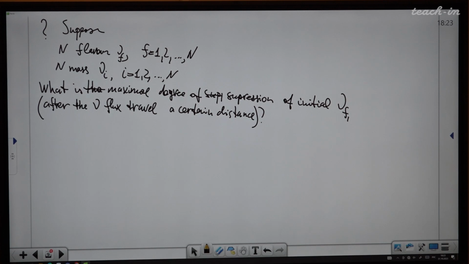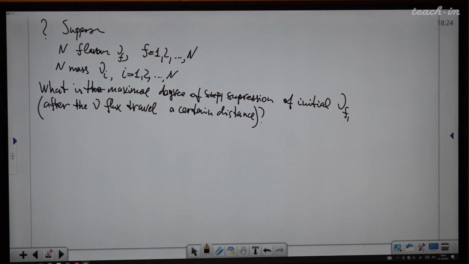So the problem is to find the optimal values, or the optimal structure, if you wish, of the mixing matrix that provides the maximal possible suppression in case of n neutrinos in flavor states and n neutrinos in mass states.